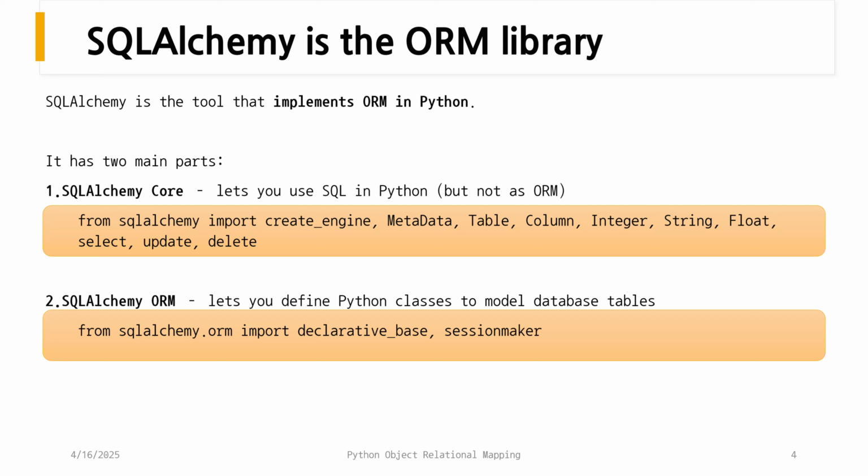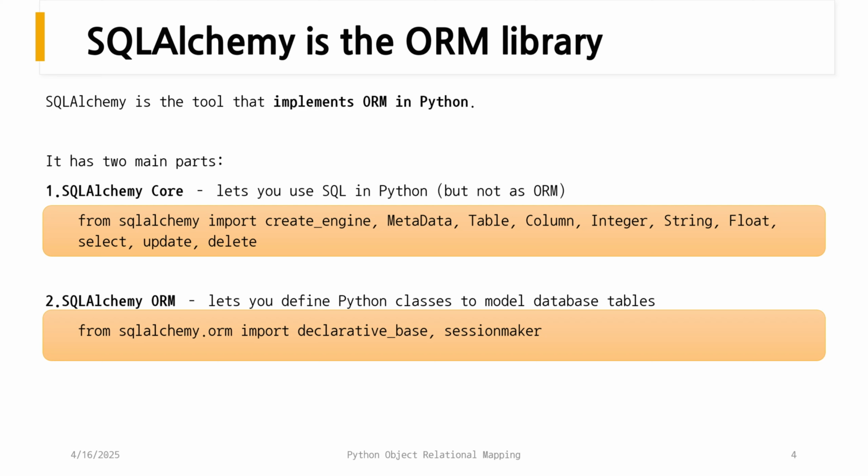The first is the SQLAlchemy Core. This lets you write SQL statements in Python code, but it's not quite ORM. It's still very close to traditional SQL. For example, here you can create tables, columns, and run commands like select or update.